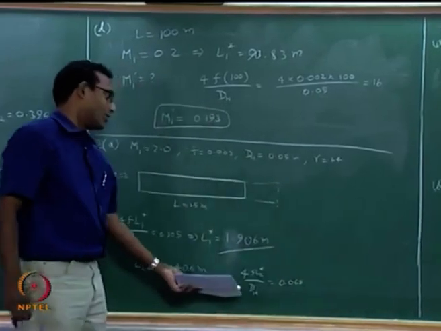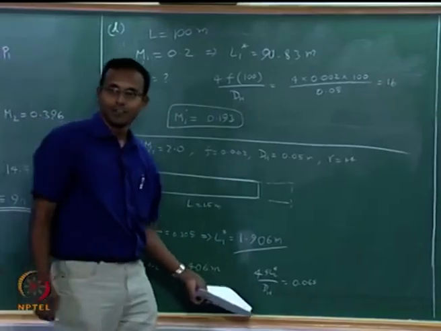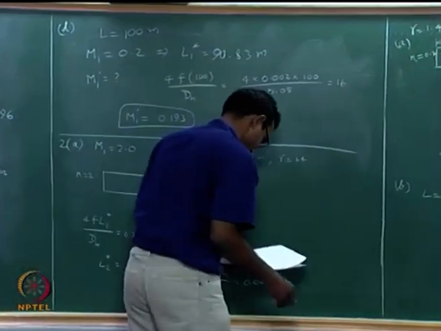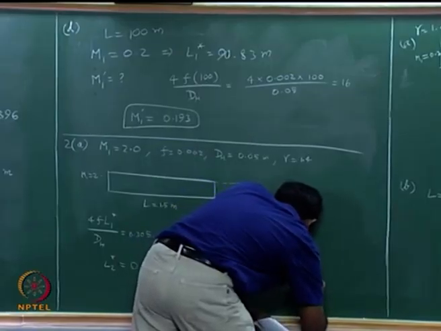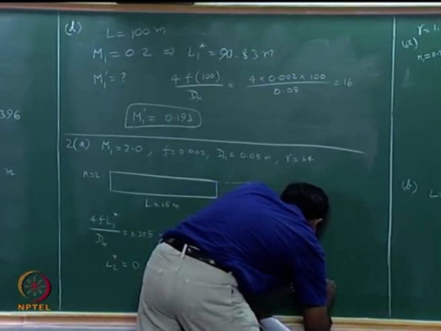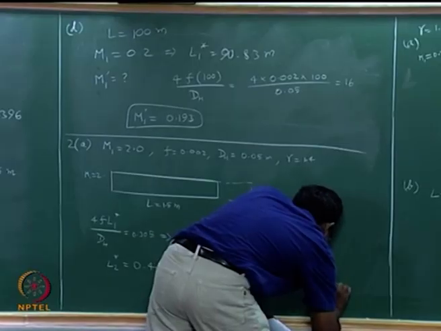Now I have to go to the gamma equal to 1.4 tables, look for where this occurs in that table and choose that Mach number. That Mach number comes out to be 1.30.